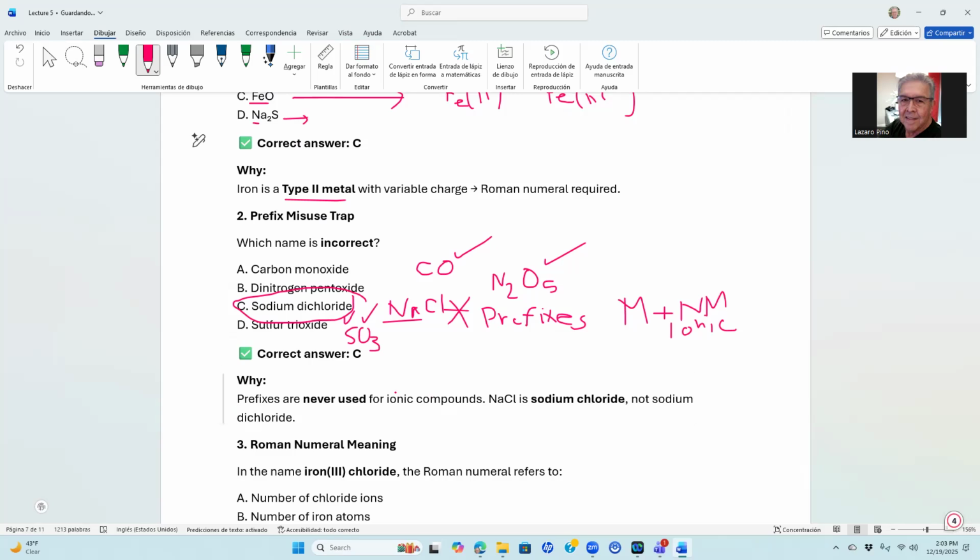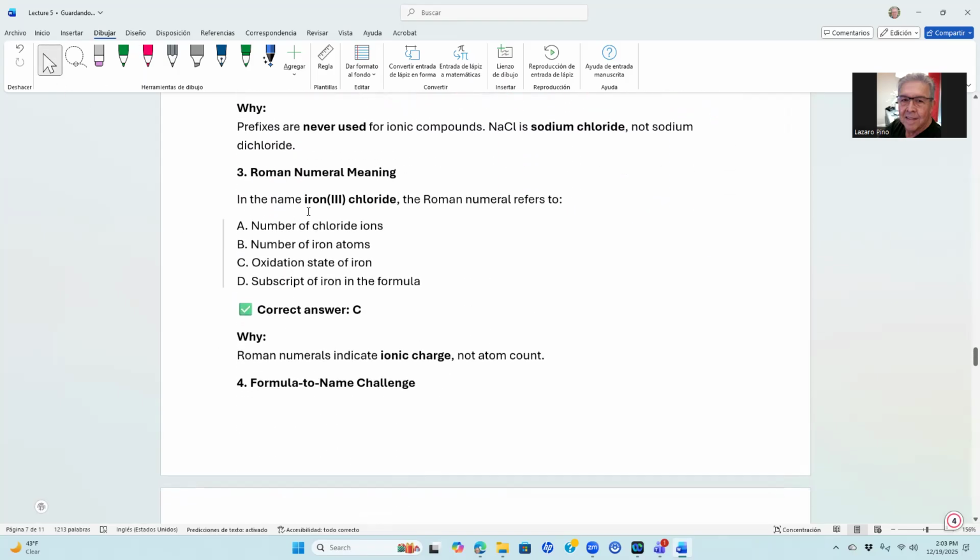Okay, let's go to question number 3. Roman numeral meaning: number of chloride ions, number of iron ions, oxidation state of iron, or subscript of iron in the formula? Number of chloride ions? No. Number of iron atoms? No. Oxidation state of iron?